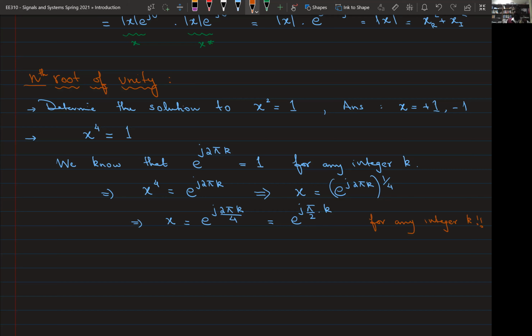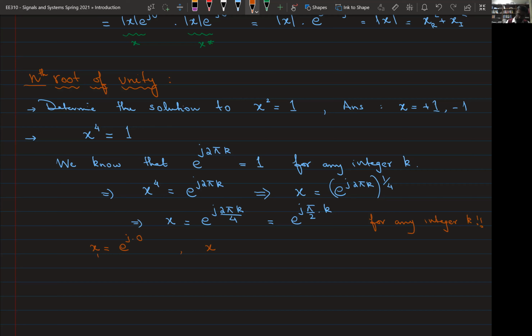So for instance, if I plug in k equals 0, what is the solution that I get? x equals e raised to power j times 0. So that's one solution.